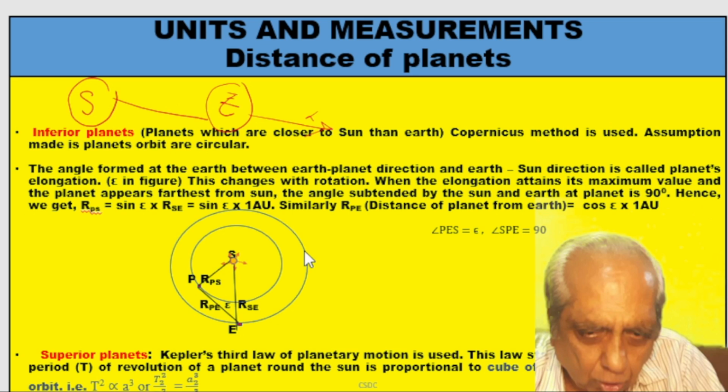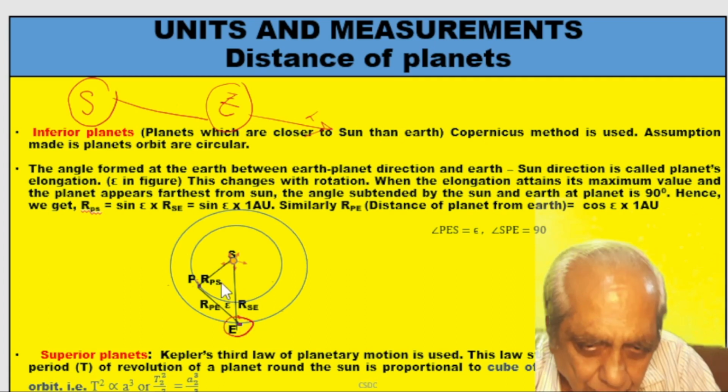Suppose the planet is here where I have written P, this is the Sun, so join S to P. This is a circle, so I have drawn a tangent. If I join P to E, my Earth is here.